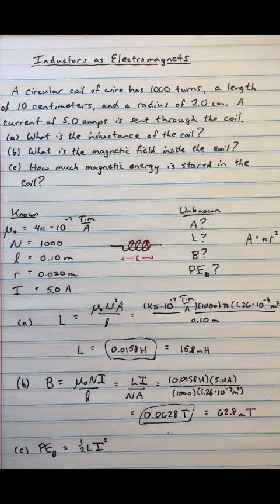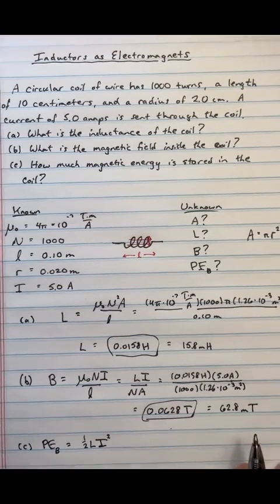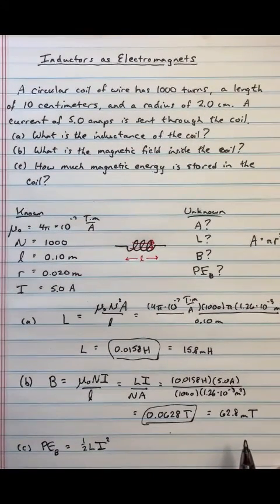When we talked about, say, spring potential, it was 1/2 kx squared. 1/2 multiplied by a spring constant, literally a spring constant, and an x being a distance, which is a variable idea, squared, and so on and so forth. So when you're studying and you're trying to figure out or remember, say, a formula for an energy, not always, but there's a very good chance it's in this sort of format. 1/2 multiplied by some constant multiplied by some variable squared. And in this case, the current is our variable, the thing we can change.